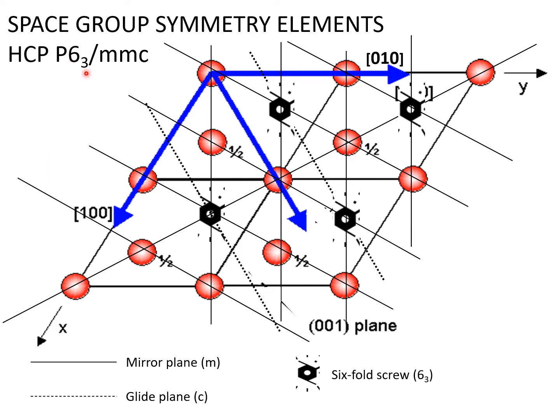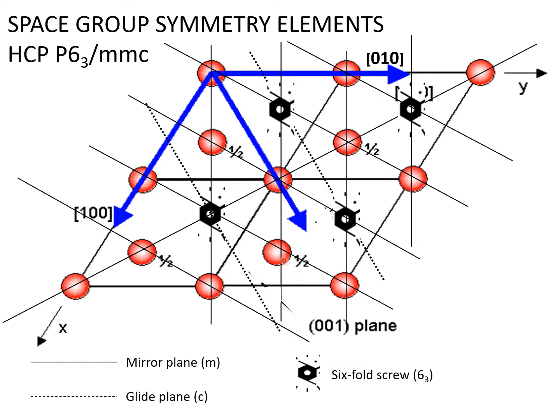What 6-3 means in the space group notation is a six-fold rotation axis, and for each 60 degrees that one rotates, you translate upwards, in the direction perpendicular to the plane of the paper, by half a unit cell.